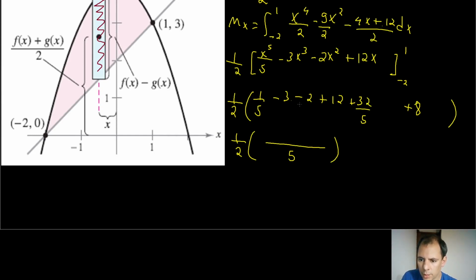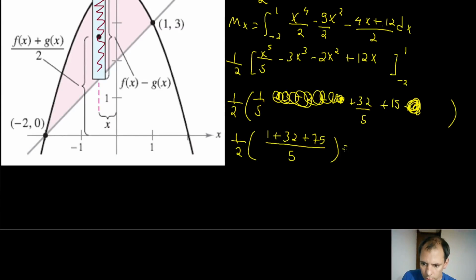I'm just going to erase minus 5. It'll be plus 15, okay. It'll be 1 plus 32 plus 75, okay.